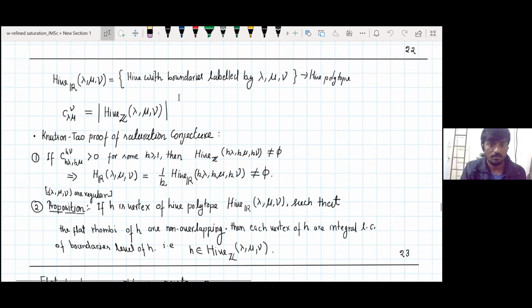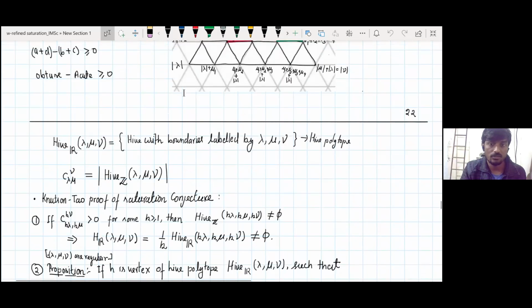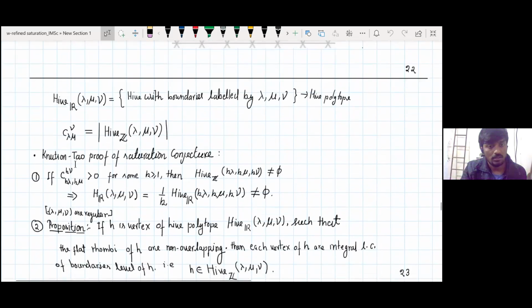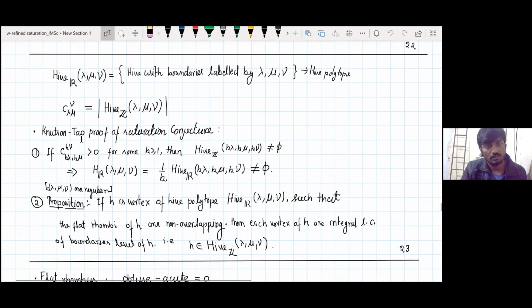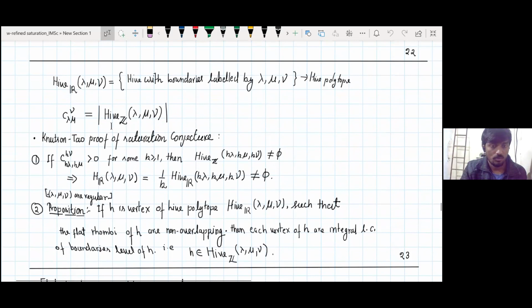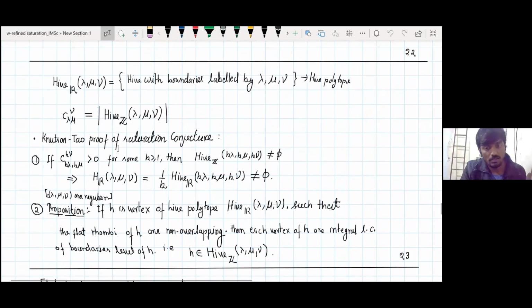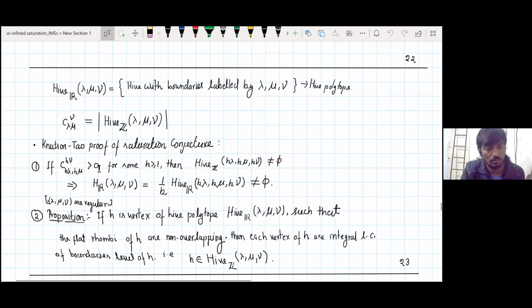If you take all the integer solutions in this hive polytope, that will be exactly equal to the Littlewood-Richardson coefficient c lambda mu nu. By using this hive, Knutson and Tao proved the saturation conjecture. I'll just recall their main ingredient in the proof.